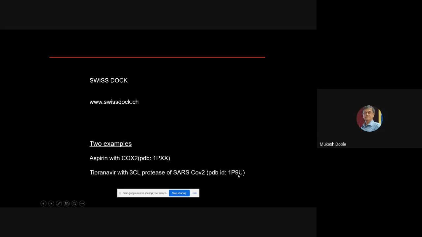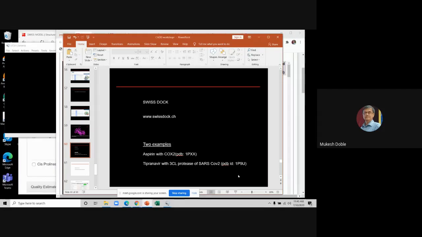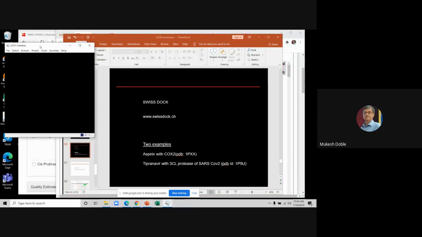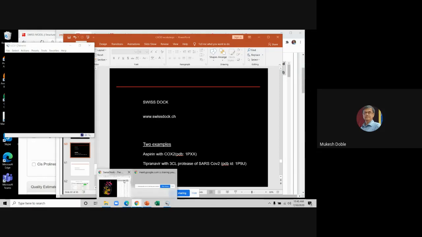So we will look at the energies, and based on the lowest negative energy, we decide on the best binding partner. You need this graphics software called UCSF Chimera if you want to view the structures from the Swiss dock.